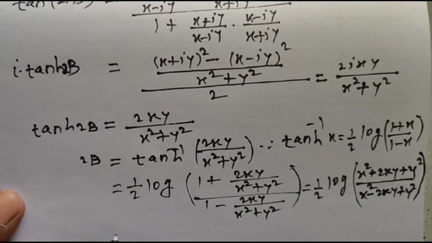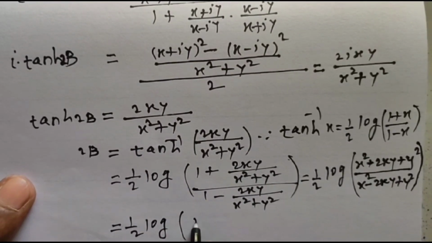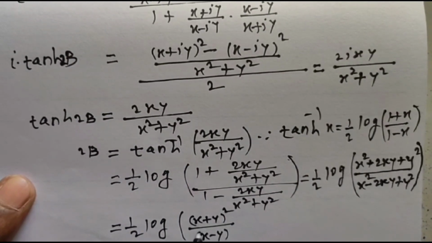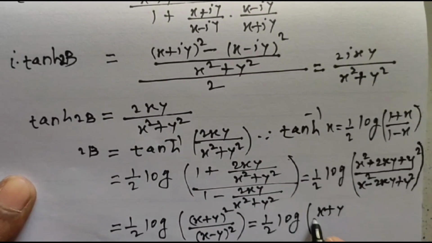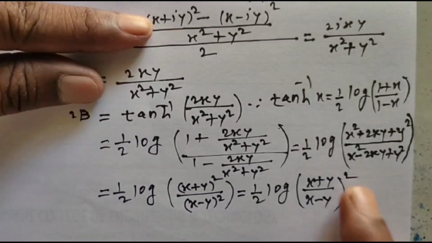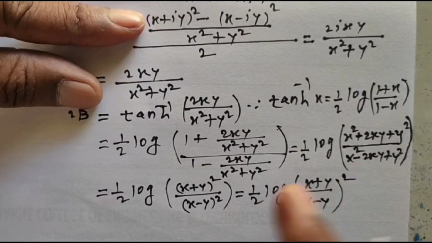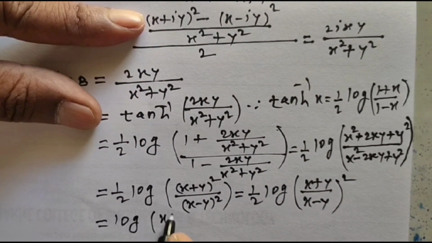which is equal to 1 by 2 logarithm of, numerator is x plus y whole square divided by x minus y whole square, and this is equal to 1 by 2 logarithm of (x plus y divided by x minus y) whole square. Now this power becomes the multiplier of log, so 2 gets cancelled, which is equal to logarithm of x plus y divided by x minus y.